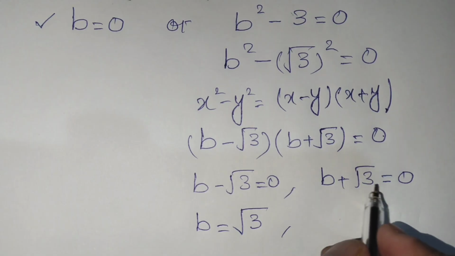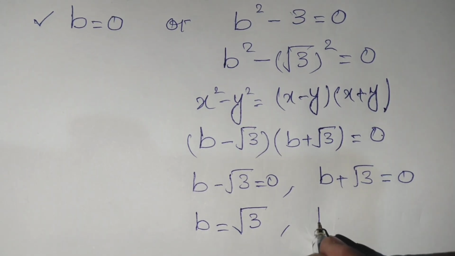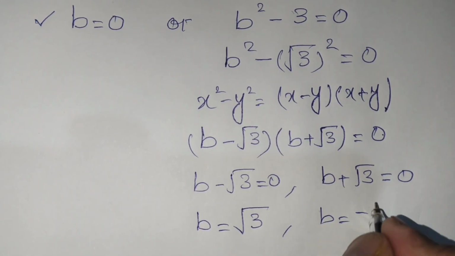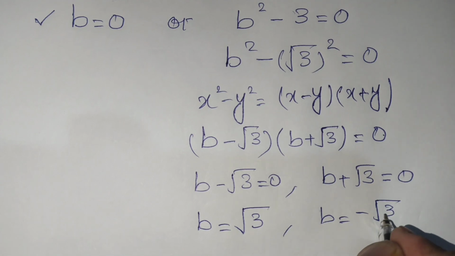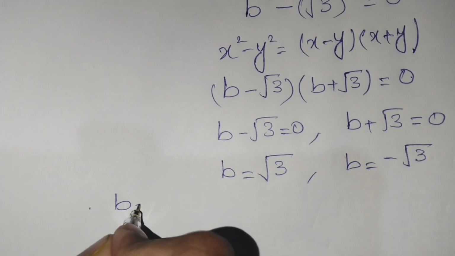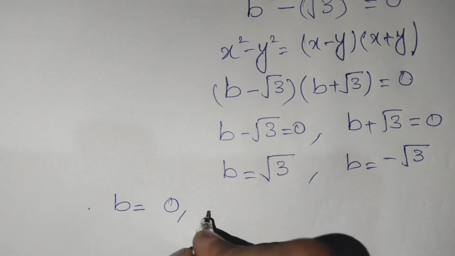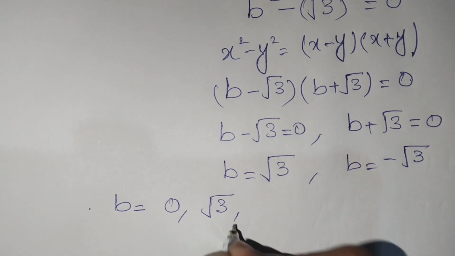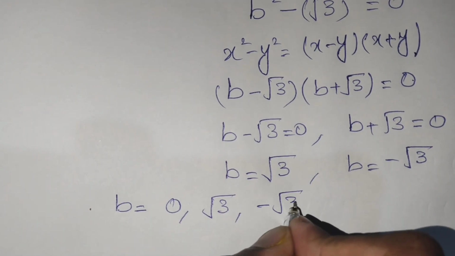And if we subtract square root of 3 on both sides, we get the third value of b, which is negative square root of 3. So we have three values of b, which are 0, plus square root of 3, minus square root of 3.